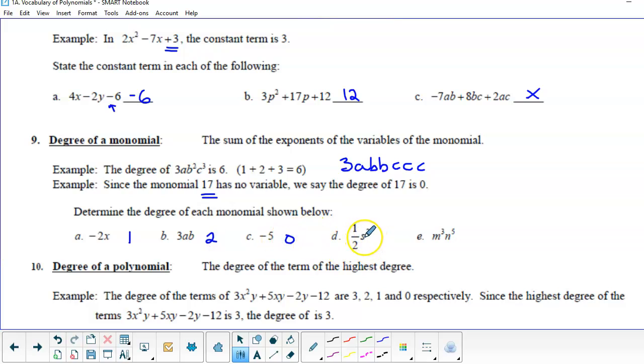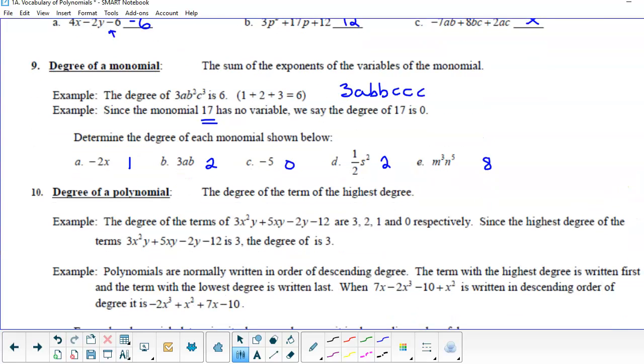Here there's s squared, which is 2 s's multiplied together, so degree is 2. And here 3 m's and 5 n's, so 8. It's kind of like when you're multiplying powers with the same base, you add the exponents, but now they're not the same base. We are adding them because we're looking for how many variables are multiplied together.